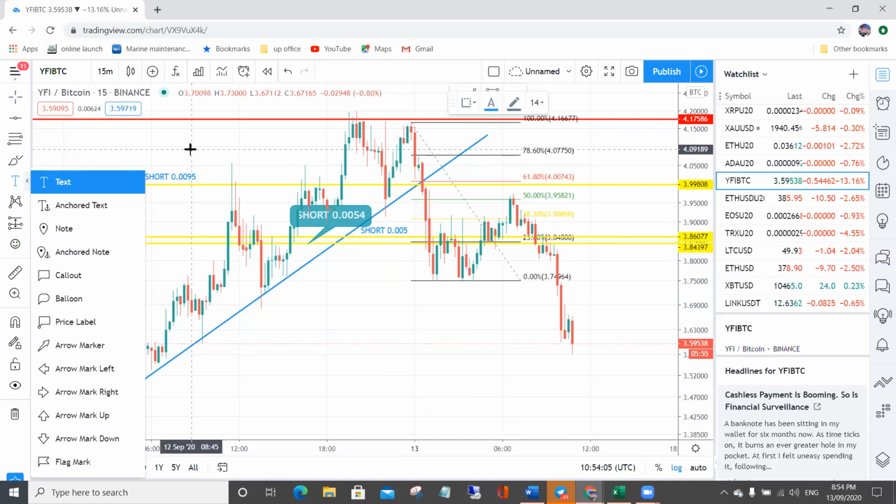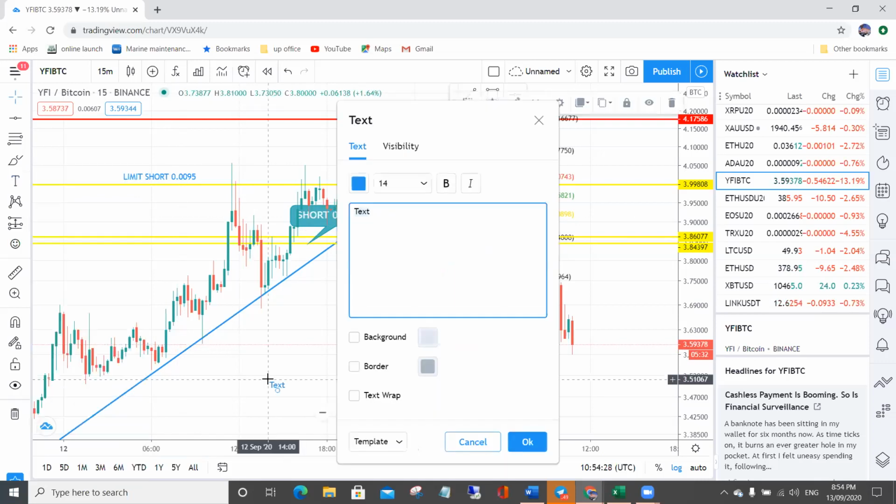Because I always think of BitMEX as working on TradingView. They look similar, yeah. But there's a lot more tools on TradingView, and then you can just do text. So just the text is here where I've written short. This callout, that's just how I've done that one. You can do arrows, all the different stuff.